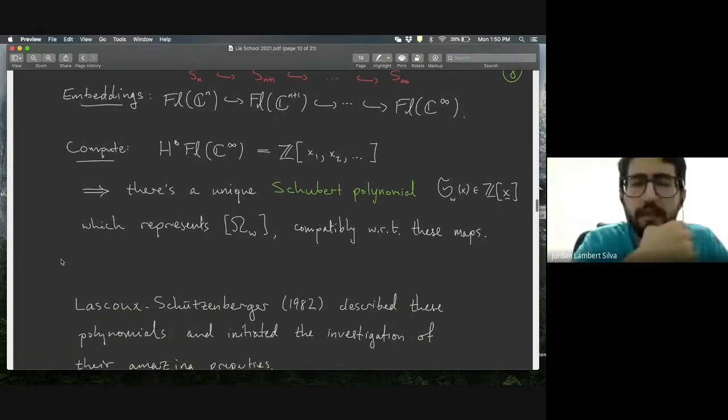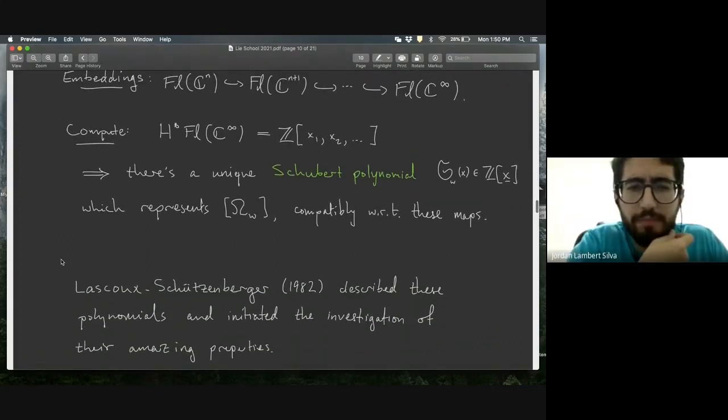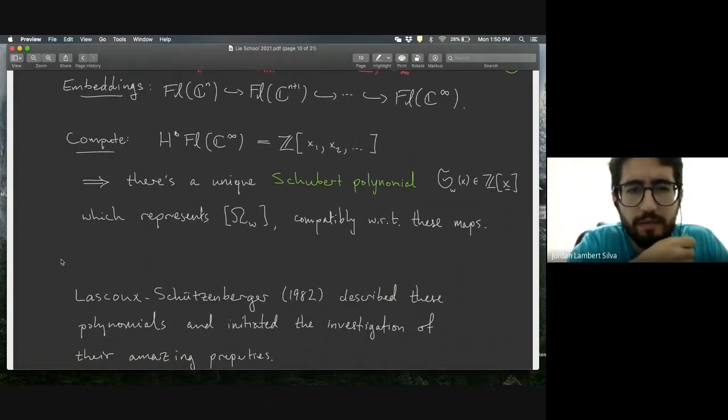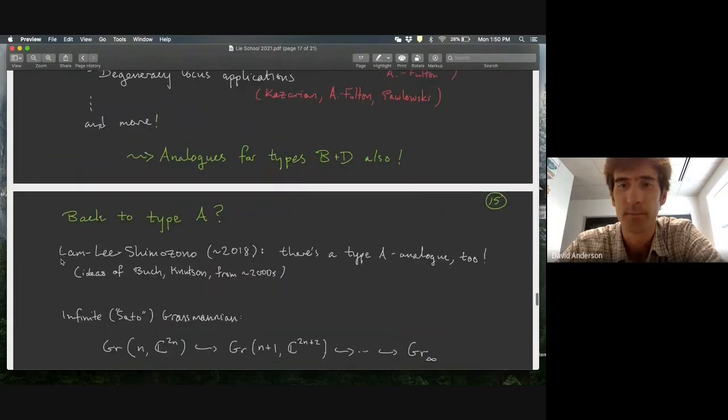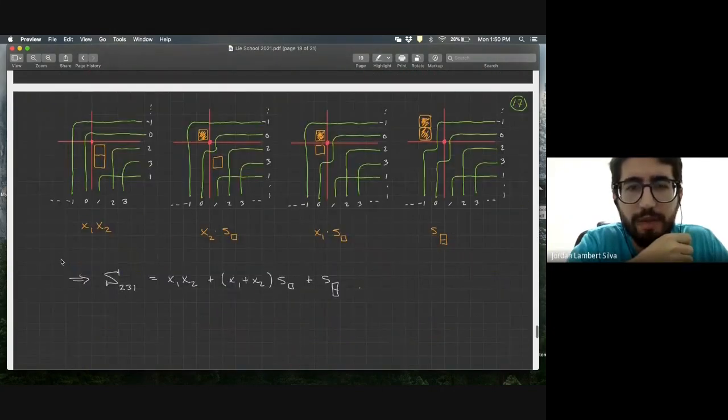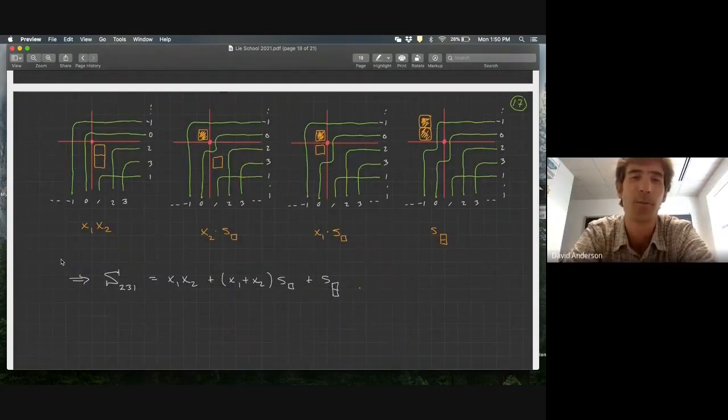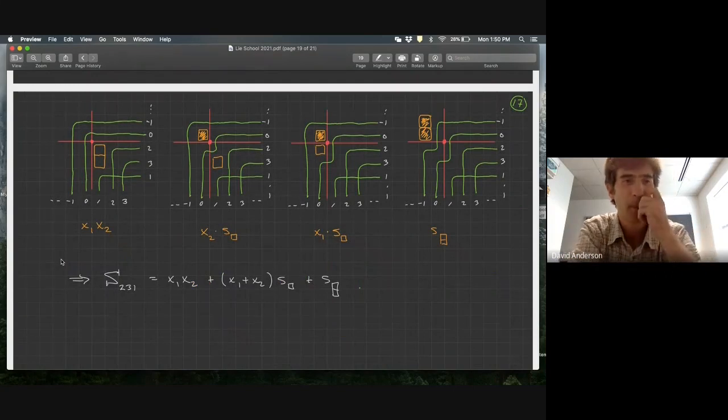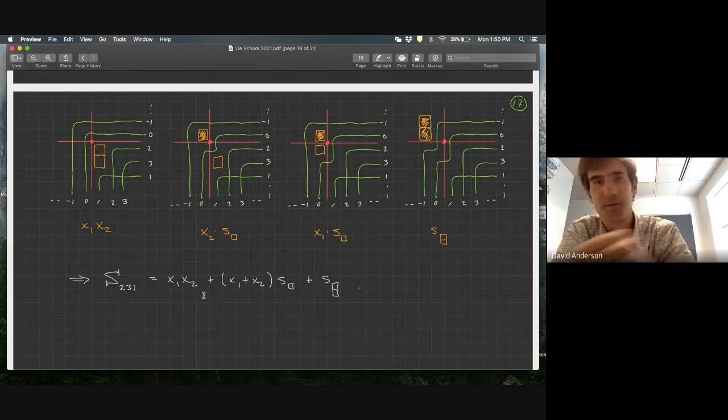Nice. The bumpless pipe dreams at the end, what's the difference from the pipe dreams? Okay, if you know about pipe dreams, there's another way of drawing these diagrams. I wish I could use my pencil.